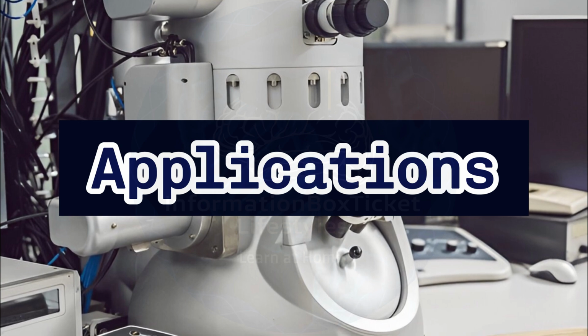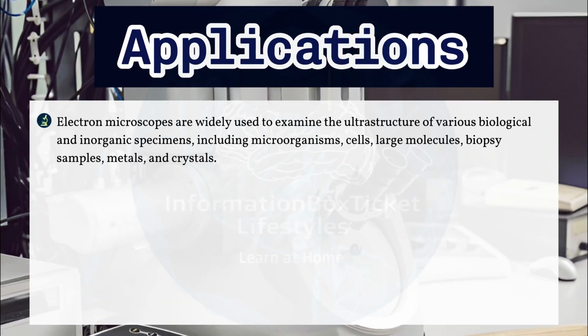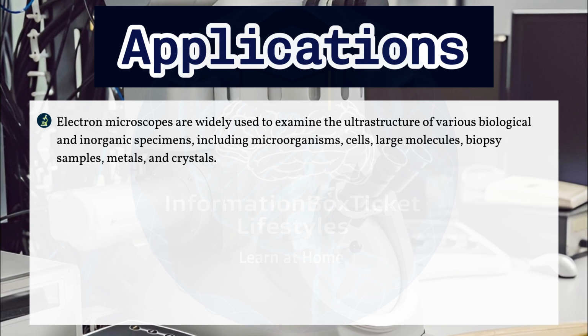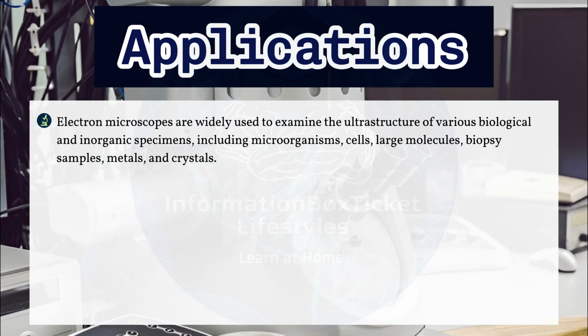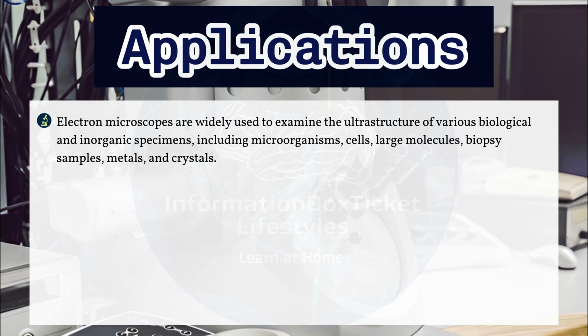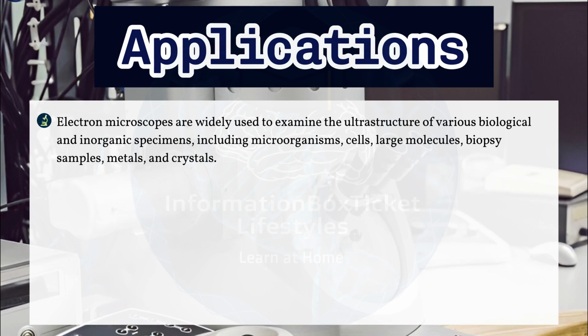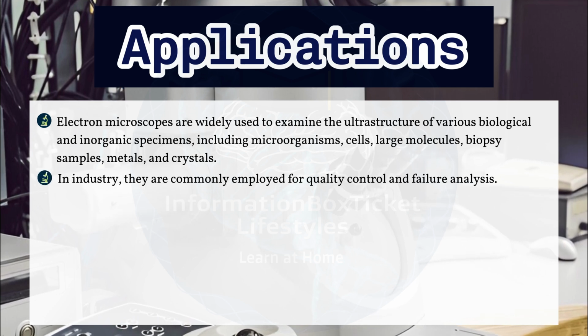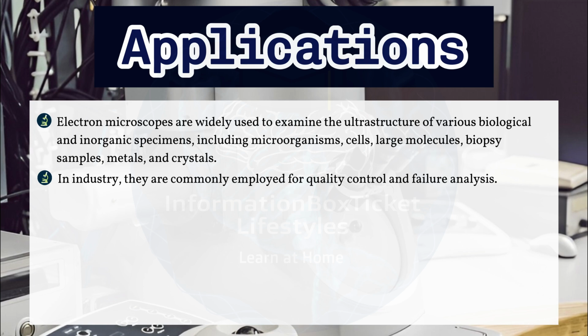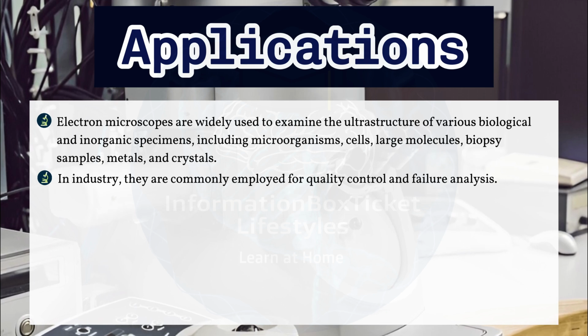Applications of electron microscope. Electron microscopes are widely used to examine the ultrastructure of various biological and inorganic specimens, including microorganisms, cells, large molecules, biopsy samples, metals, and crystals. In industry, they are commonly employed for quality control and failure analysis.